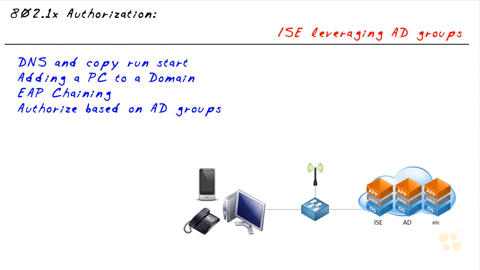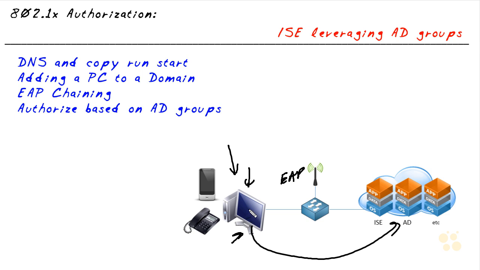Another cool thing I wanted to demonstrate in this video is if we have a computer like this one that's already part of Active Directory. So we've joined the computer to Active Directory, and then when the user logs in, the user is being authenticated against the domain. I wanted to share with you that with EAP, we can do the authentication of the computer itself, that it is a member of the domain, as well as the user who's logging on to that computer.